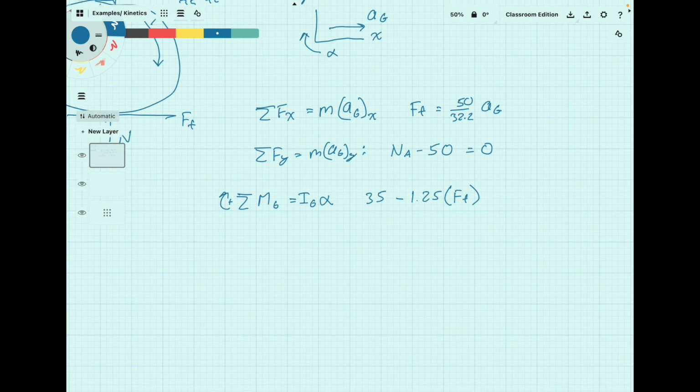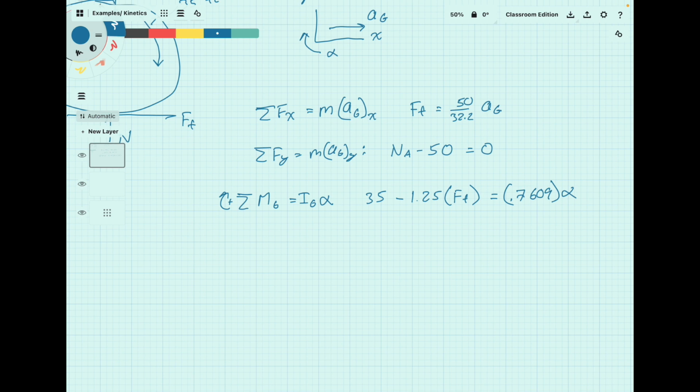Gravity acts, of course, through the center of gravity, so it cannot create a moment. And the normal force also acts through the point that we're summing moments at, G, so it cannot create a moment. So that's everything. And then we have the term for moment of inertia and alpha.